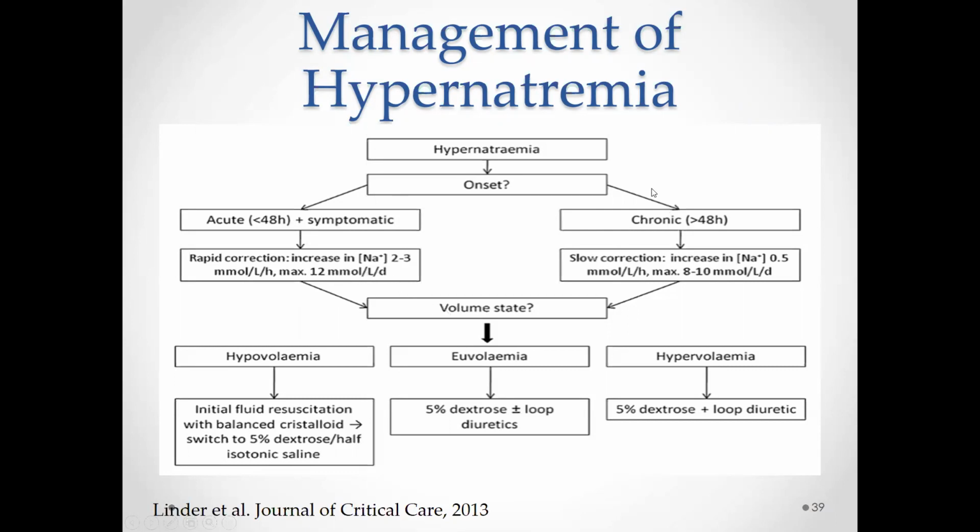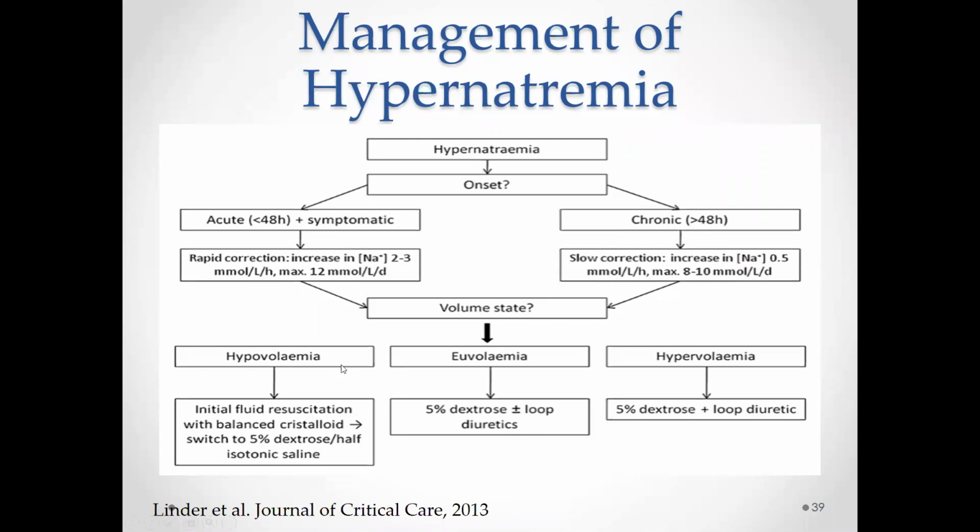For chronic, we do it a little slower. We can do up to 10 a day. But again, this recommendation was in 2013, and the recent study was in 2019. So we can potentially correct it a little faster.